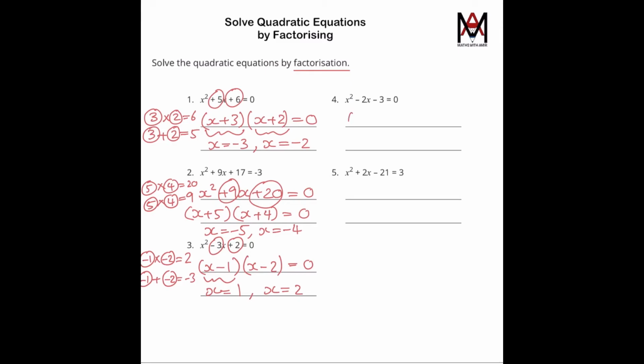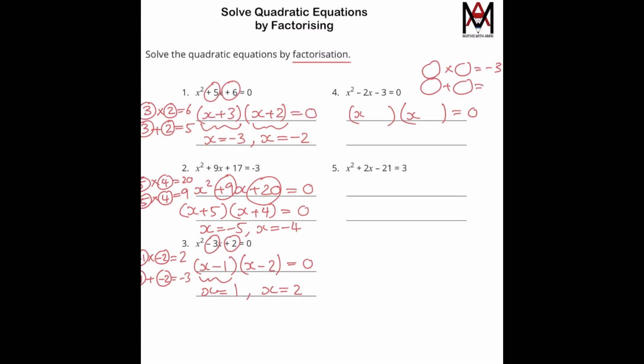In the next two, I'm just going to go ahead and solve it. So two numbers multiplied together give us negative 3, and the same two numbers added together give us negative 2. Because the result is negative, one of the numbers being multiplied has to be negative.